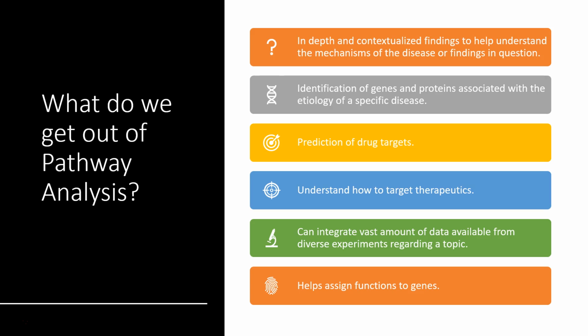And it can also help us assign functions to genes with unknown functions from before. So if we have a new protein that popped up that we don't know anything about, but when you start to build your pathway and run these analyses, it always shows up in a cell cycle category or in an apoptosis category, then you know that it may have a function associated within that pathway.